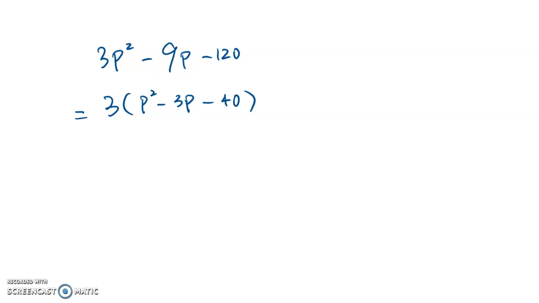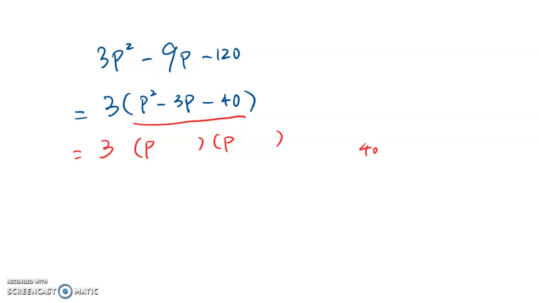Okay, now we're going to factor what's inside the parentheses. And forget about this 3, just write it down. What's inside the parentheses, if it is factorable, will be in this form, right? We need two numbers. They need to multiply to be -40 and add up to be -3.